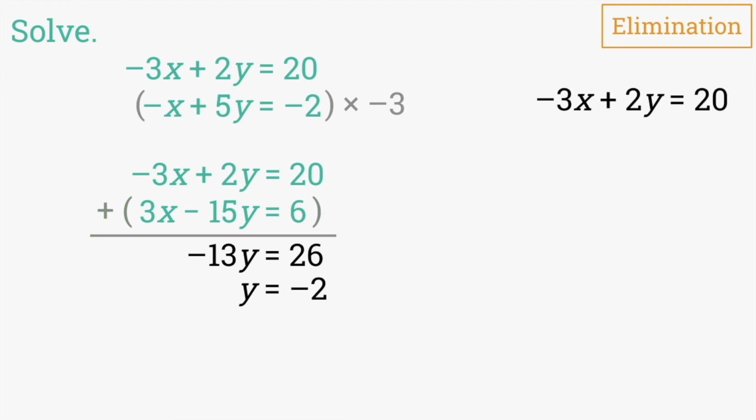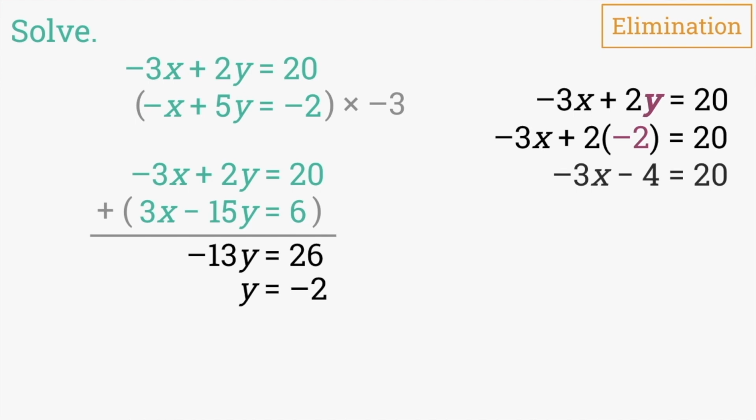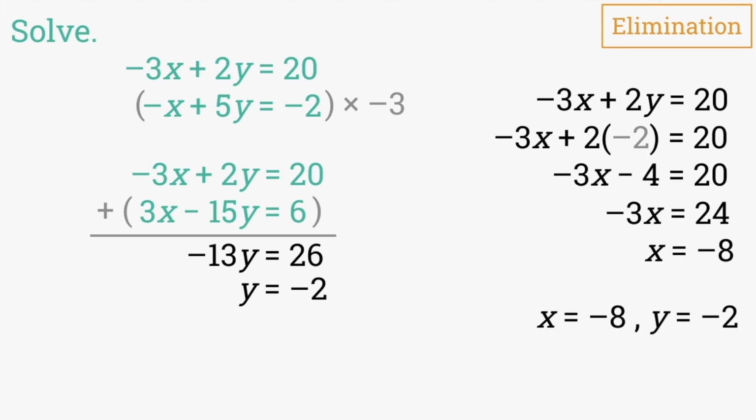Let's use the first equation. 2 times negative 2 is negative 4. So we get negative 3x minus 4 equals 20. Solving for x, we see that x equals negative 8. That means the solution to this system is the point (negative 8, negative 2).